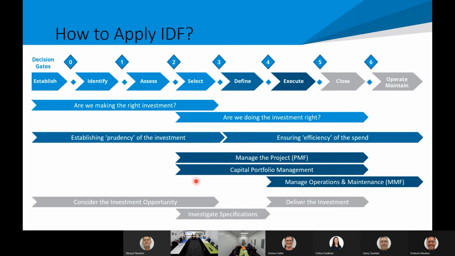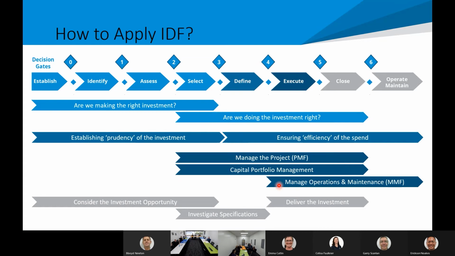How we do that, we obviously manage the projects under the project management framework, and that happens from the select through to the close phases. We have capital portfolio management, which is the project Tanya Brown's been leading, and certainly will transition a lot of that work into the works planning and scheduling space about how we manage particularly that 3-year portfolio.